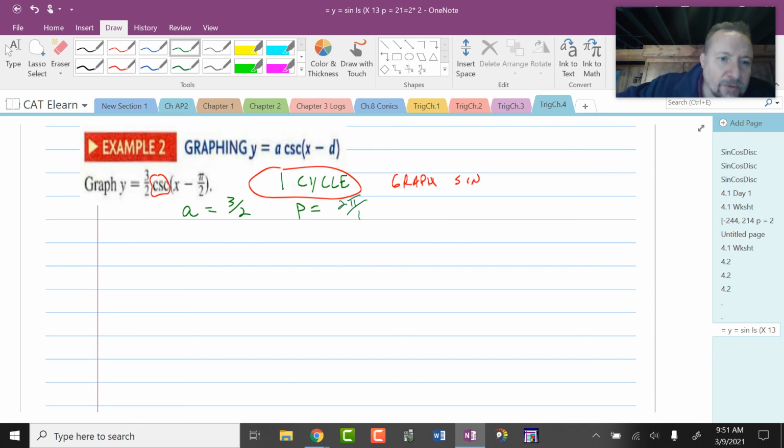But hopefully we see that there's a 1 there. There is no other stuff going on except for phase shift right. The phase shift is pi over 2 to the right. All right, so this is one where we have to do our work off to the side.